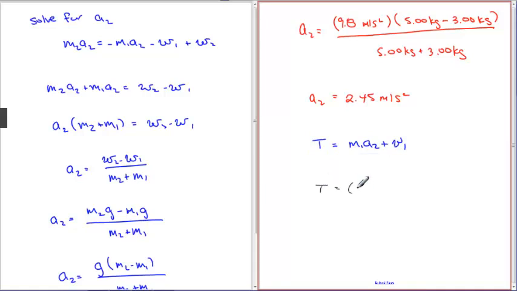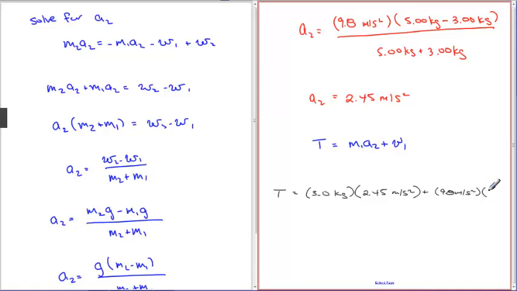So the tension in the cable is going to be M1, which is 3 kilograms, times A2, which is 2.45 meters per second squared, plus the weight, and the weight is just the mass times the gravity, acceleration due to gravity.